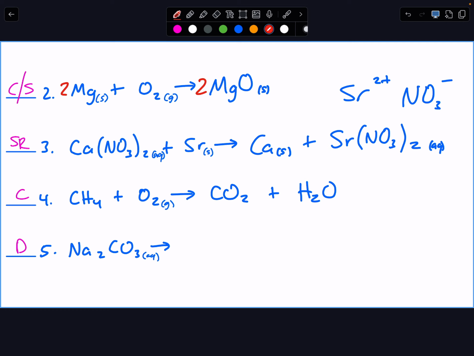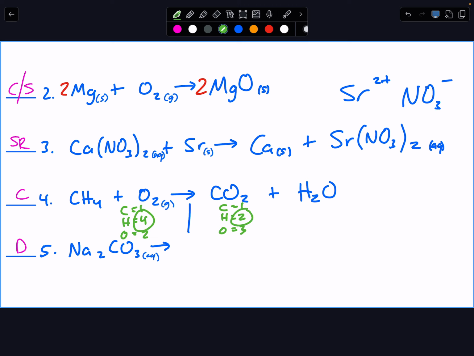Okay? Is number 4 balanced? No. Okay, for this one I like to write it out. So split it in half. How many C's on the left? 1. And here? 1. H's: 4 and here 2. O's. How can I fix this easily?